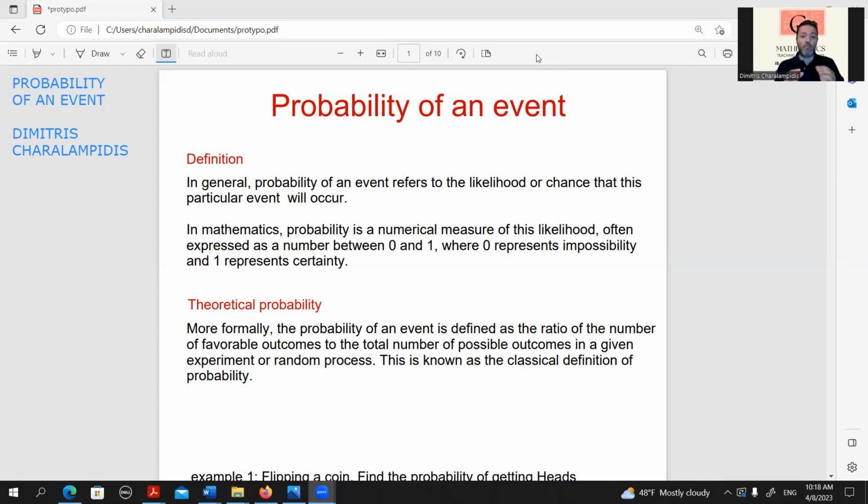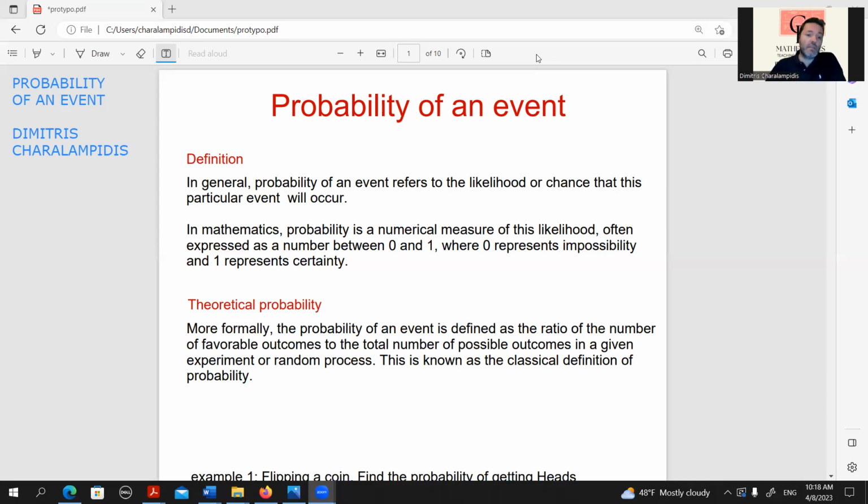Once again, the probability is a ratio, a quotient, of the number of favorable outcomes of that event over the total number of possible outcomes. So most likely, we will be working with the cardinality of that event, the probability of which we need to calculate, and the cardinality of the universal set.